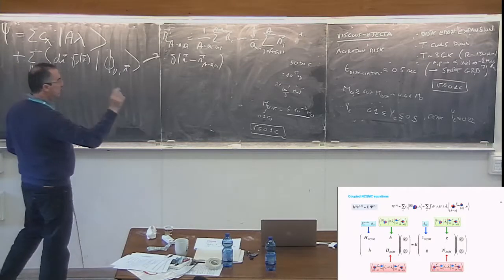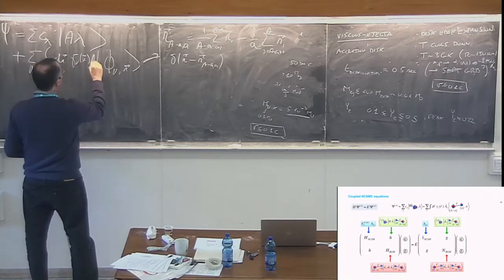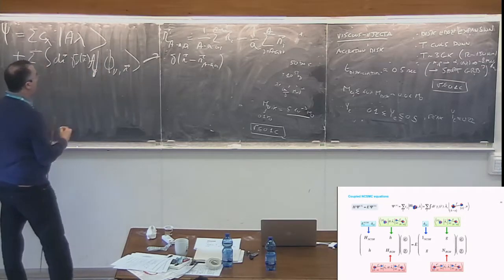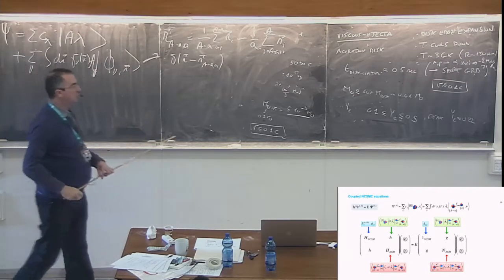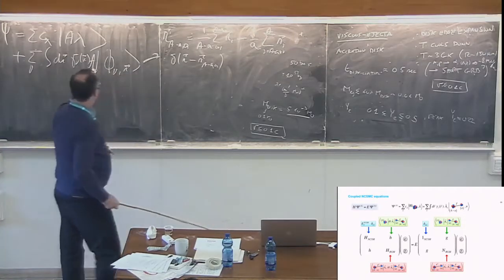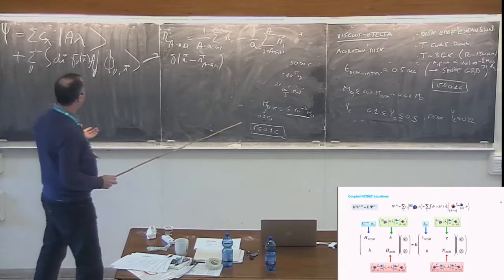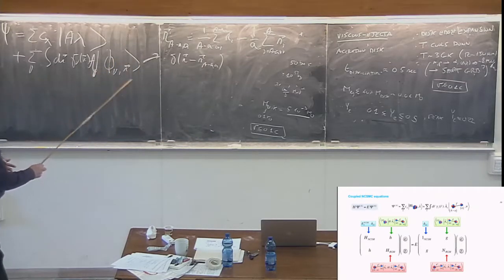Sorry, I forgot about the antisymmetrizer. A very important thing: here I have the antisymmetrizer that takes care of the antisymmetrization of the nucleons from different clusters. The total wave function must be antisymmetrized, so I have to do this. The clusters themselves are antisymmetric, but we also have to take care of the antisymmetrization of the nucleons from different clusters.